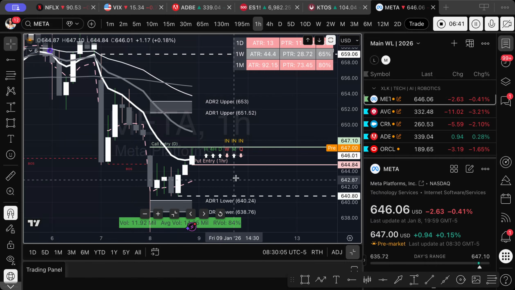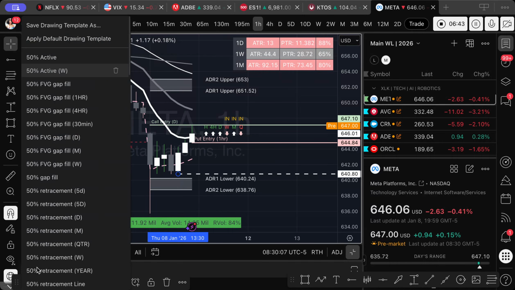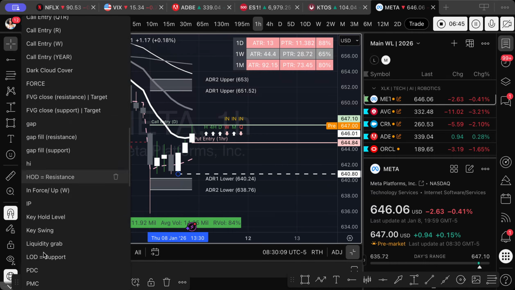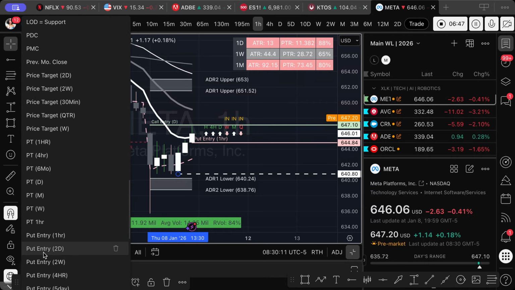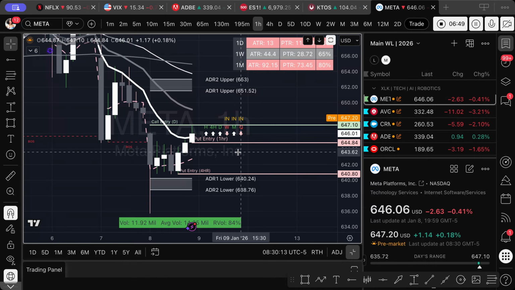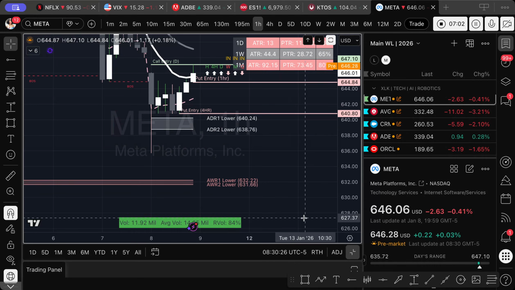So put entry 1 hour, and then this will be the 4 hour put entry. And let's figure out what our magnitude is to the downside. So 633.01.